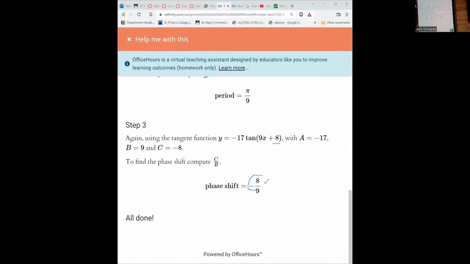So this is coming from the top part, and then the 9 is just right there. C over B. C is negative, so they use the opposite. If this was a minus 8, you would have a plus 8 here. Okay, that's about it for phase shift. And that goes for sine and cosine as well, just C over B.